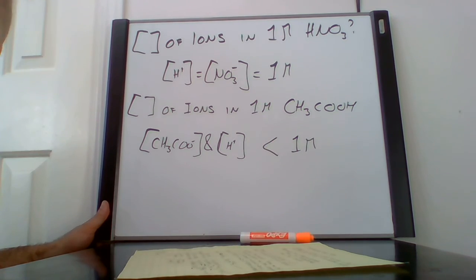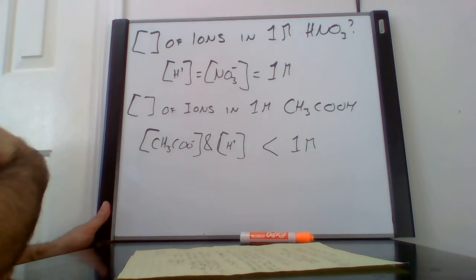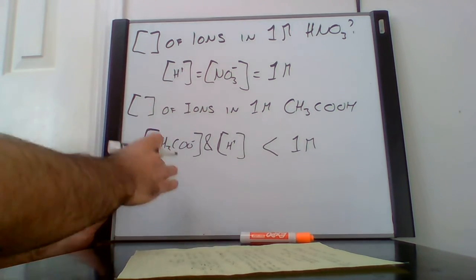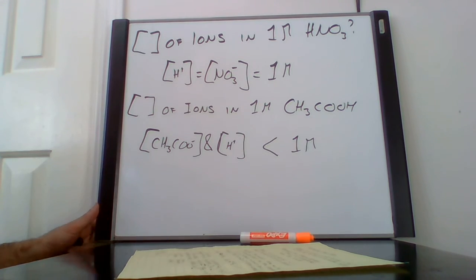We haven't gotten to the point where we can calculate these yet, but we notice that this is a weak acid, meaning it's not 100% ionization, so we're going to end up with less than 1 molar of the acetate and the H plus ions.